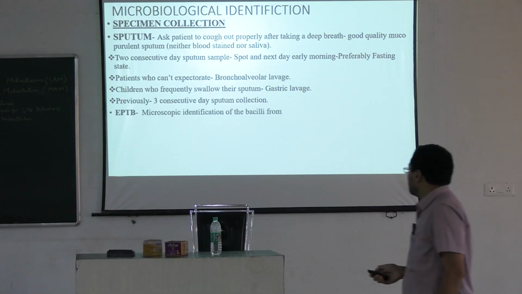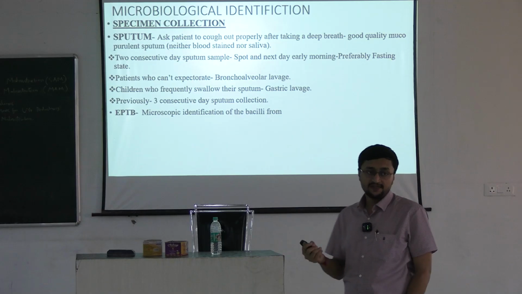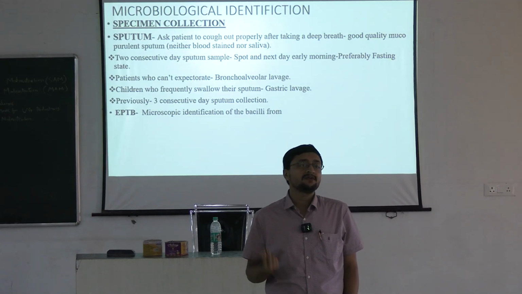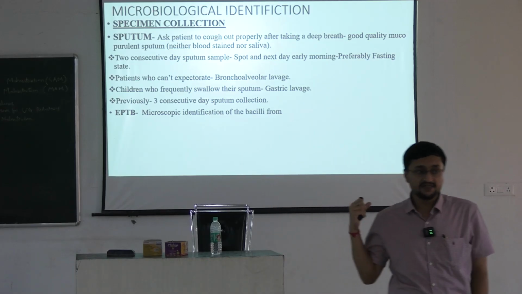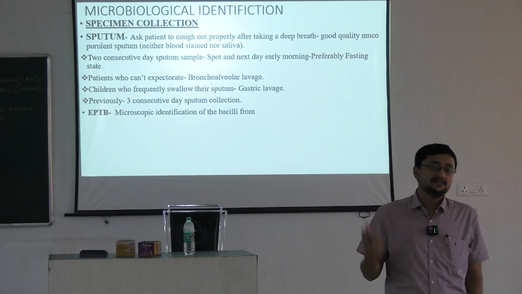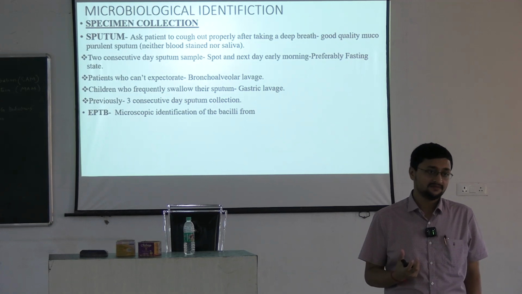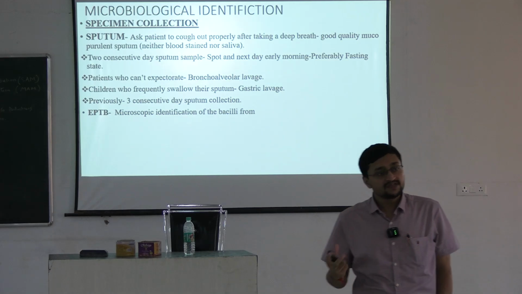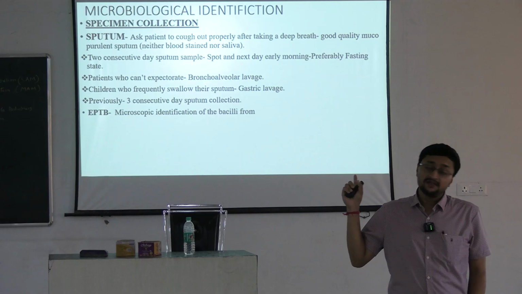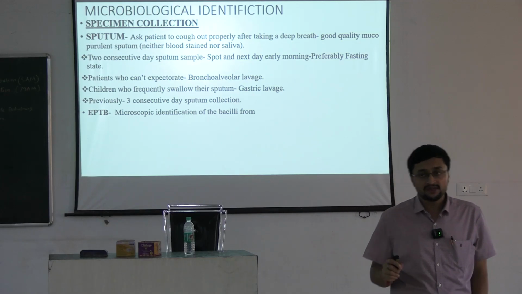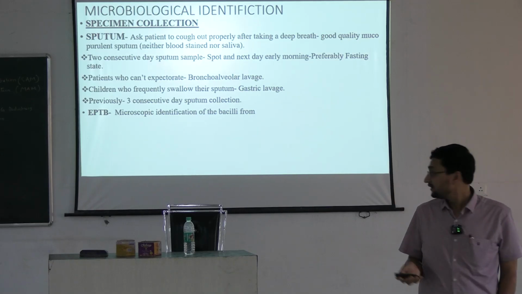And this is important: in case of children, specifically less than 5 years old, who cannot expectorate sputum, gastric lavage is not ideal, because in gastric lavage the positivity chance is less than 50%, because it is often mixed with gastric fluid and food specimen also. But in children also, the most specific and sensitive one is bronchoalveolar lavage, right?